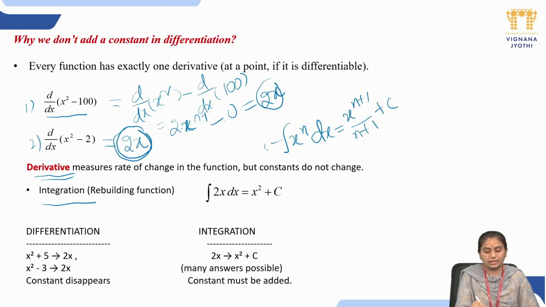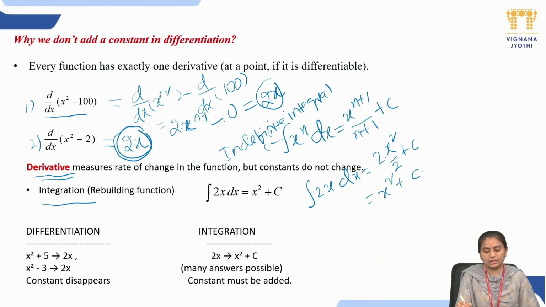Why? Because this is an indefinite integral. So here integration of 2x dx is equal to 2 into x square by 2 plus c. So here x square plus some constant is added.